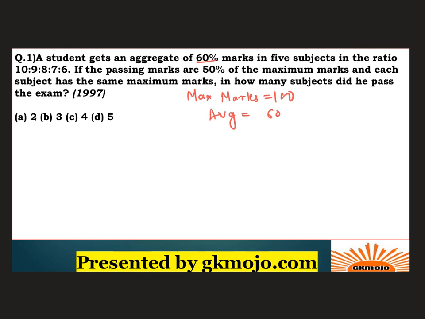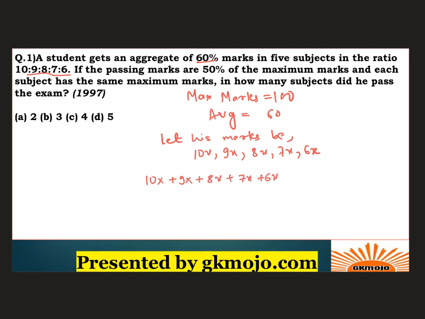In 5 subjects, let his marks be in the ratio 10 is to 9 is to 8 is to 7 is to 6. So 10x, 9x, 8x, 7x, and 6x in each subject, correct? If you add them, 10x plus 9x plus 8x plus 7x plus 6x, this gives you the total.